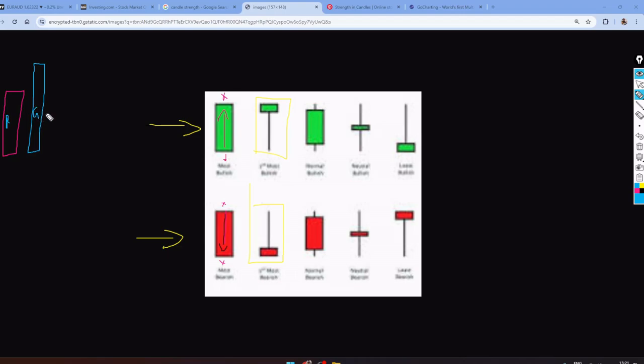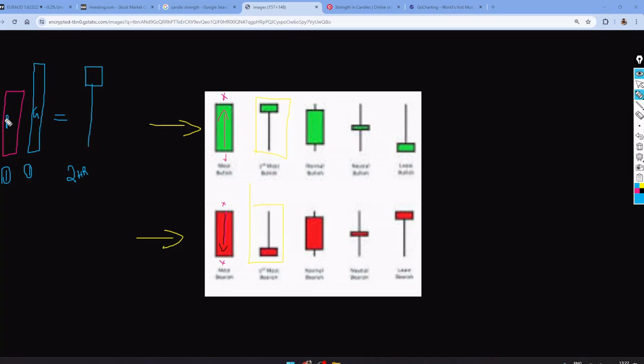For imagination, just understand the logic. Let's say this is a 1 hour candle, and this is also a 1 hour candle. But when you watch this chart in a 2 hour chart, it will look like this. So the red and the green portion are neutralized, and now it will become like this.